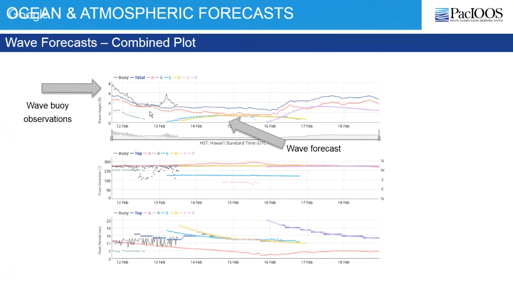But our wave forecasts are generated through modeling, so it's not done by the buoy. It's a numerical model that's run on the computer. We morph them into one graph, so you can see what the actual conditions are, but you can also see what the forecasted conditions are.